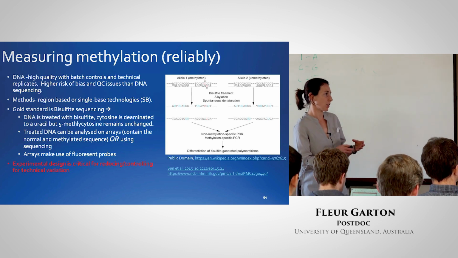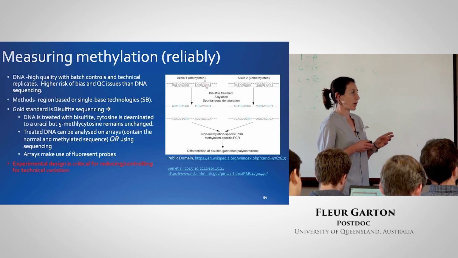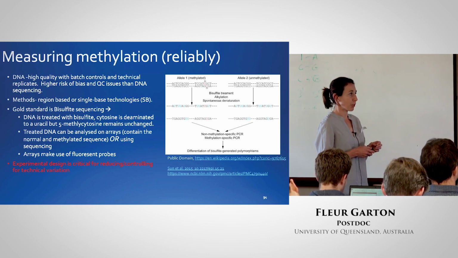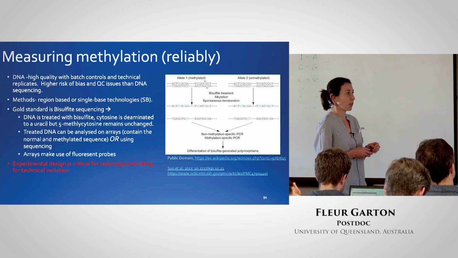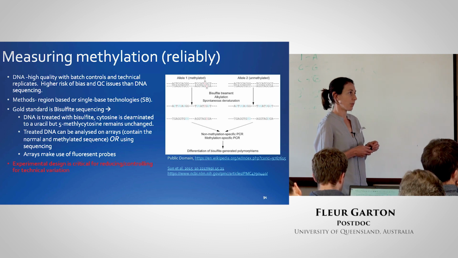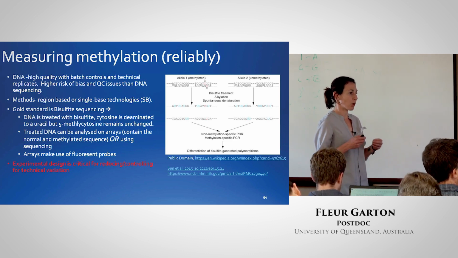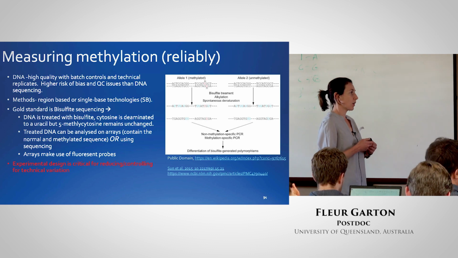So what is that? Basically, when you expose single-stranded DNA to bisulfite, if the region is methylated, it will remain as a cytosine. If it's unmethylated, the cytosines will convert to a uracil. And then you pretty much just compare pre and post this treatment.